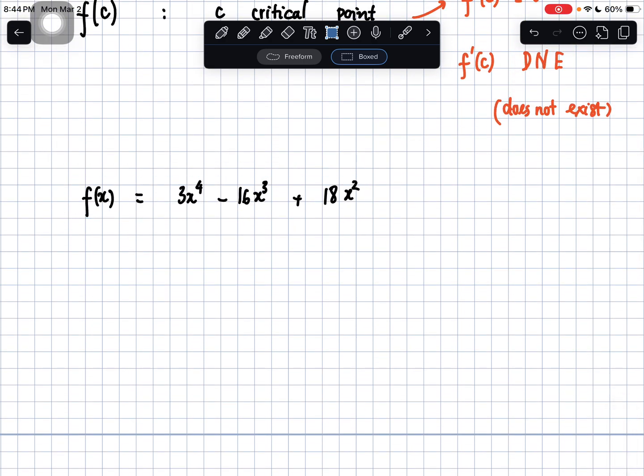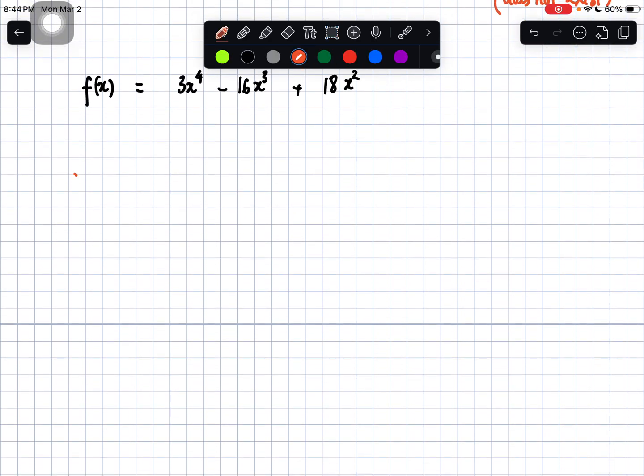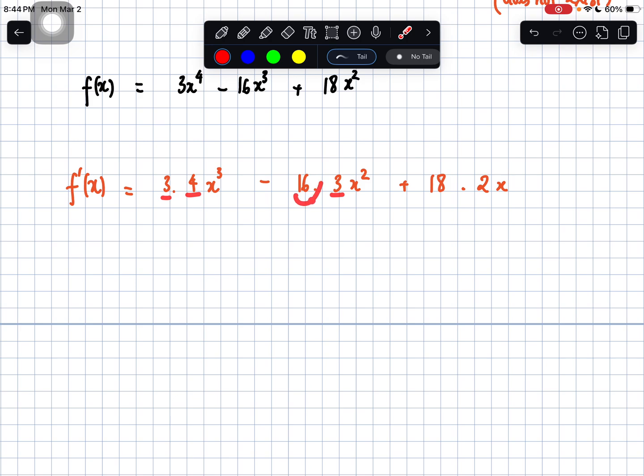F prime of x is 3 times 4 x cubed, 16 times 3 x squared, 18 times 2 x. Now I know that 3 and 4, this one is divisible by 4. This one I can also factor into 2 and 3.